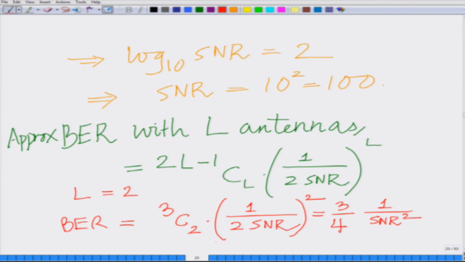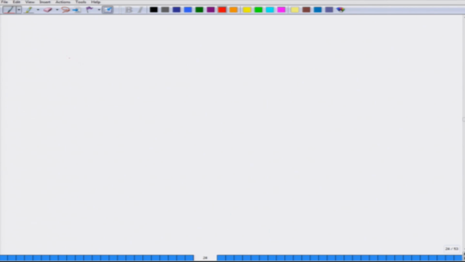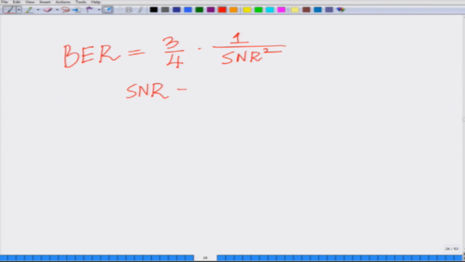And now we have already derived that SNR of 20 dB means SNR is equal to 100. Therefore, bit error rate equals 3 by 4 times 1 by SNR square, but we are given that SNR is equal to 100.